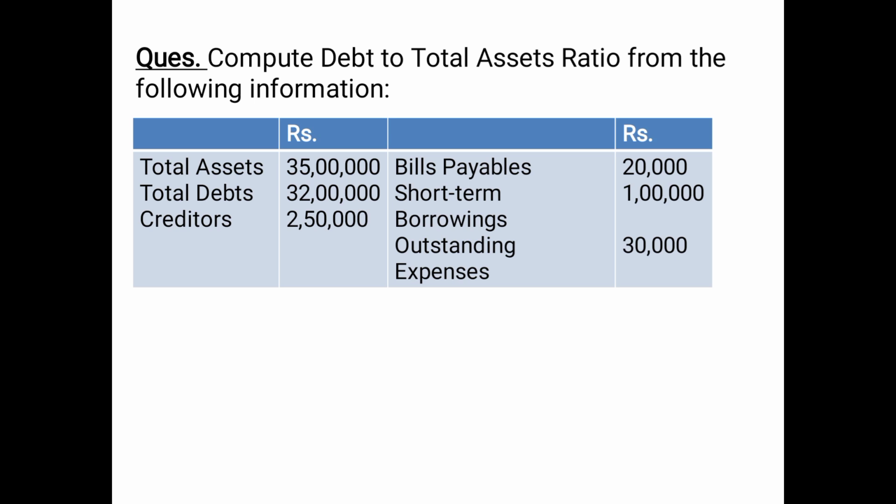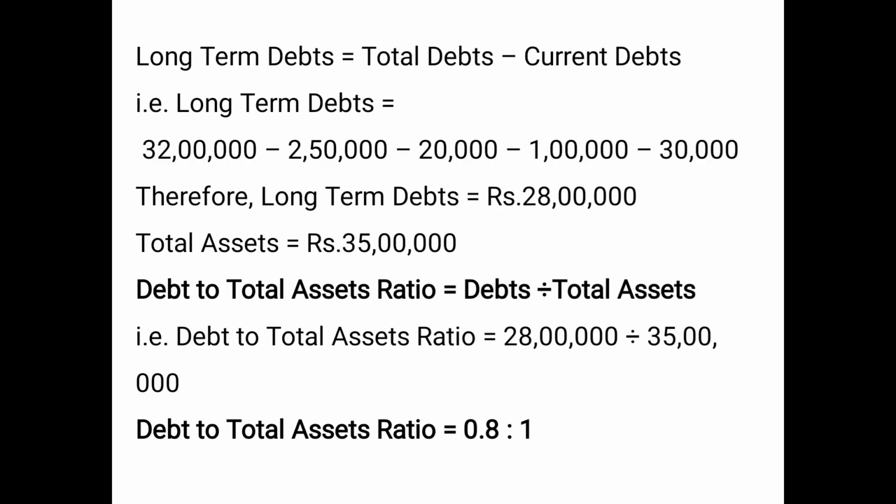So out of these total debts you will deduct the current debts so as to arrive at long term debts. So creditors is a short term debt, it will be deducted from total debt. Same with bills payable, short term borrowings and outstanding expenses. Now just have a look at the solution, children.